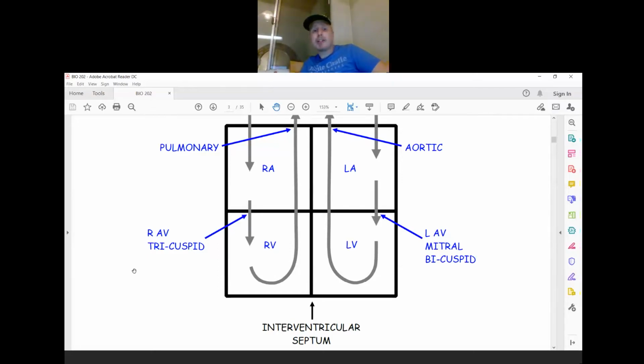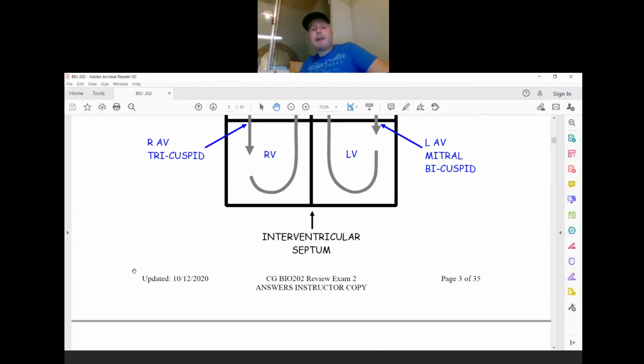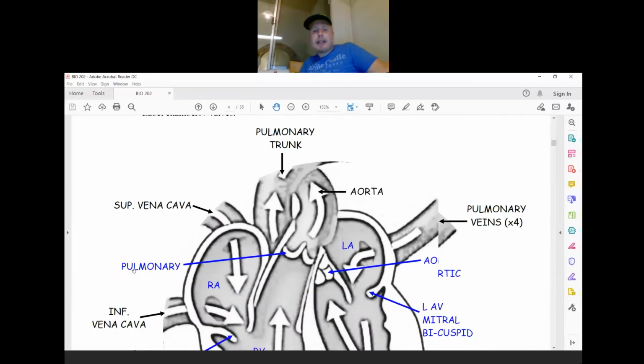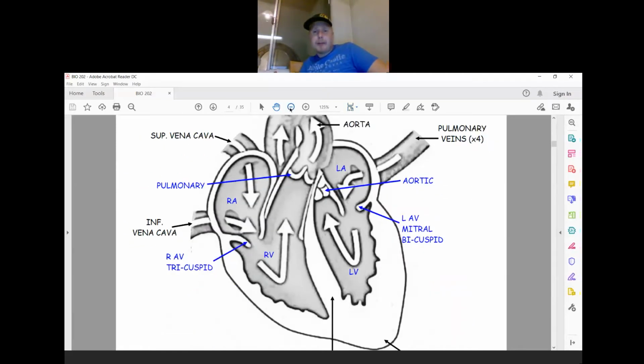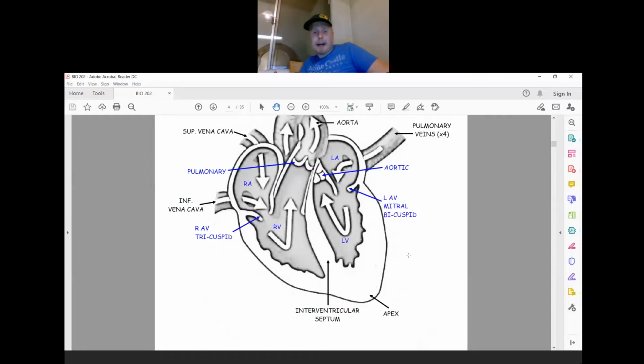So there we have our chambers of the heart and our valves of the heart. This is the most simple way of looking at the heart. If we want to look at it in a little bit more detail, a diagram that looks something like this might be familiar when you've been looking at the heart in the past.